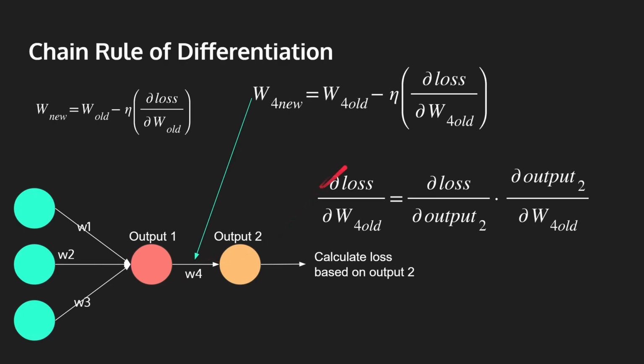So we're calculating this part, right? Weight 4 affects output 2. We actually follow the same steps for updating bias. So that's how we calculate this part, the slope. And this is called the chain rule of differentiation.